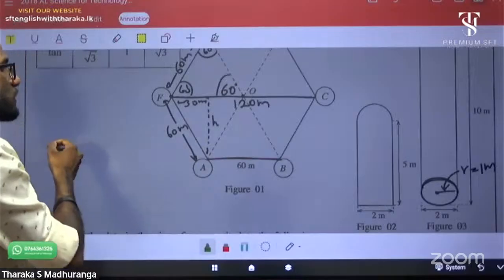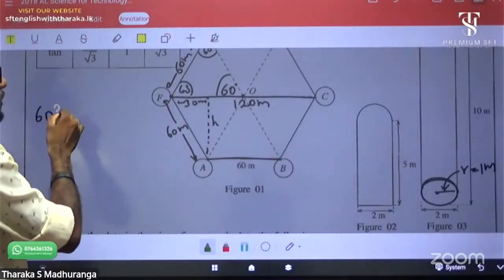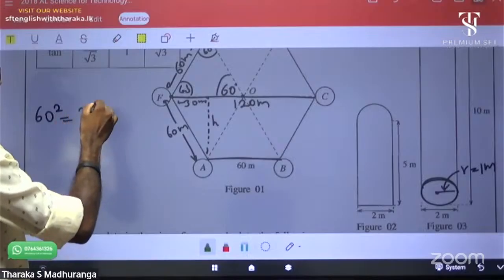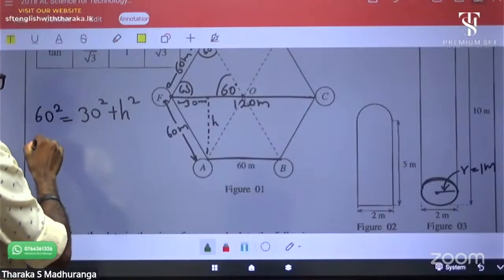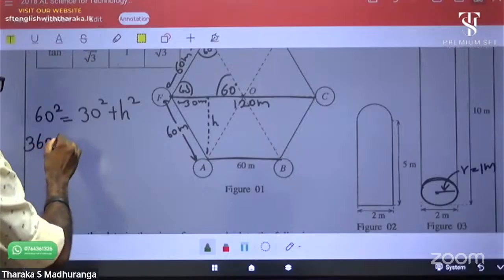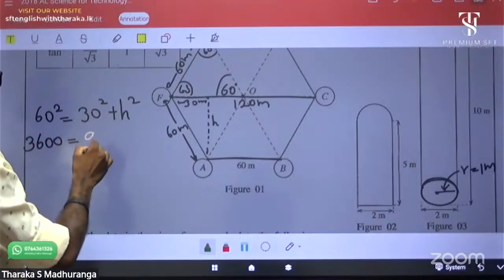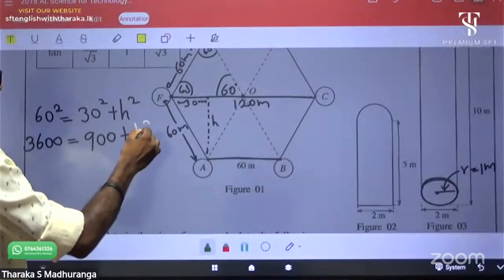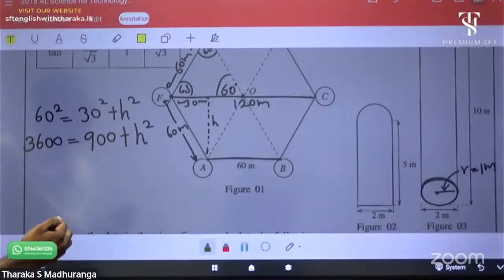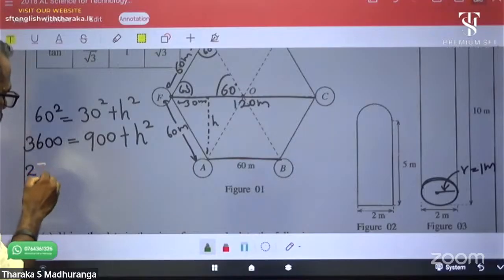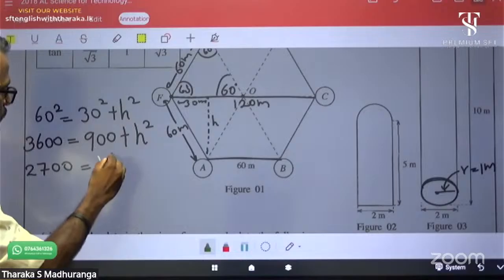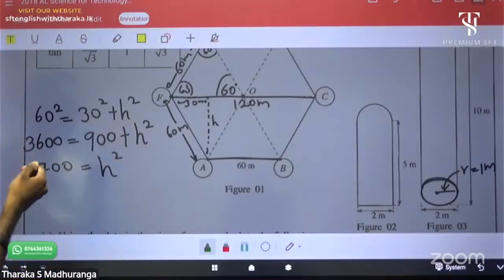Then I can get h. Now 60 squared equals 30 squared plus h squared. 60 squared is 3600 equals 900 plus h squared. 3600 minus 900, what's the value? 2700 equals h squared.